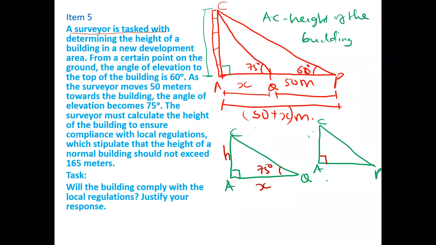In the bigger triangle, AP measures 50 plus X meters. That is the base.